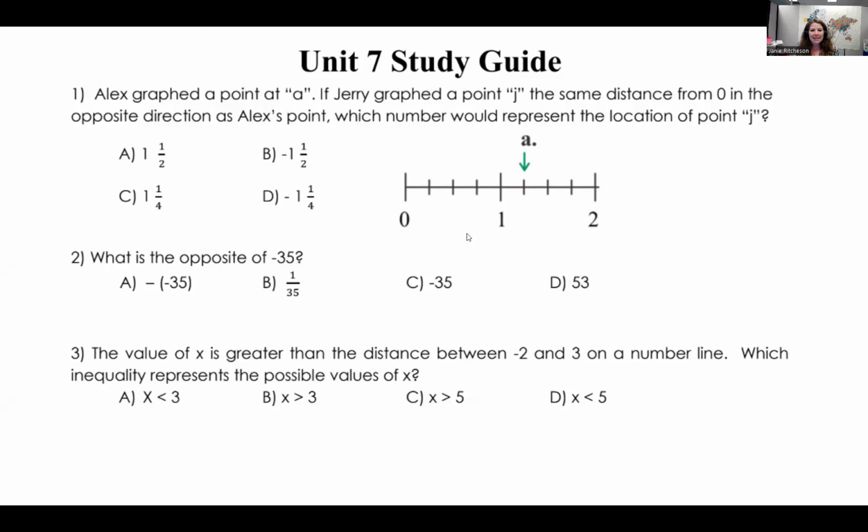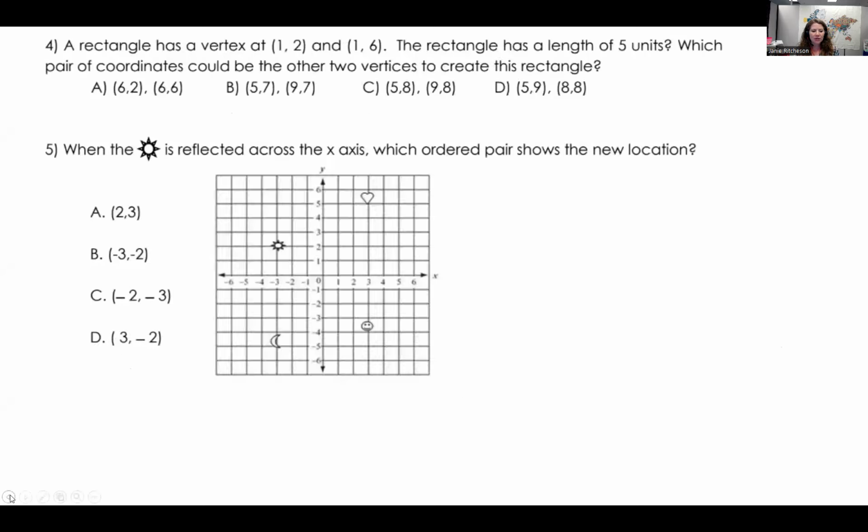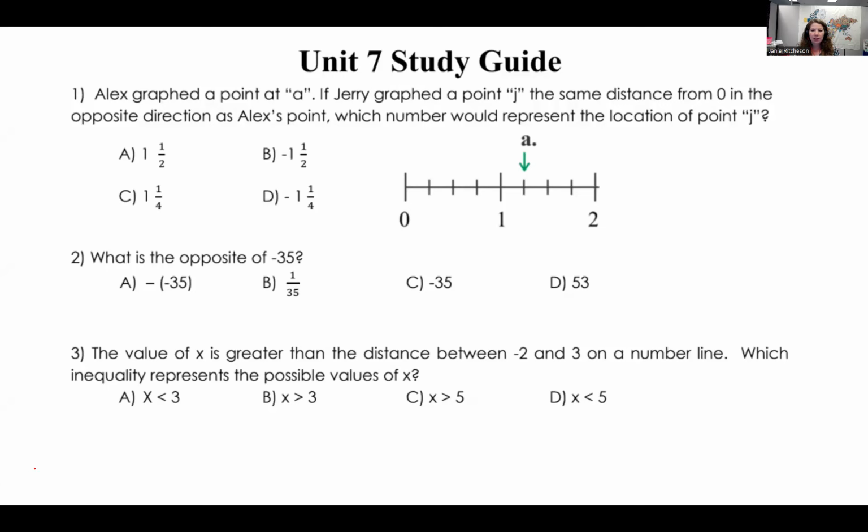Alex graphed a point at A. If Jerry graphed a point labeled J the same distance from zero in the opposite direction as Alex's point, which number would represent the location of point J? Well, let's see. There are 1, 2, 3, 4 spaces.